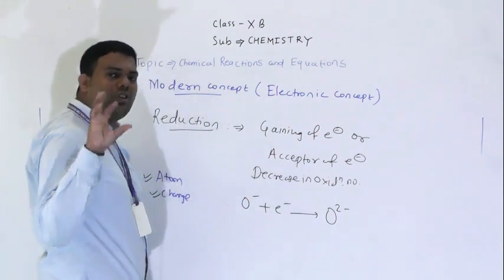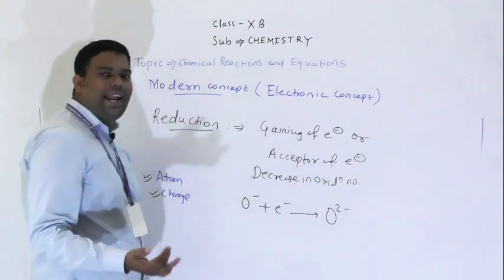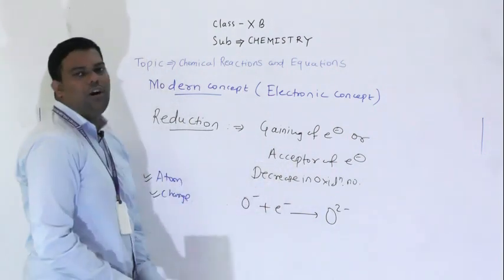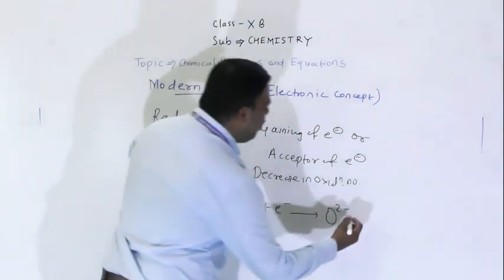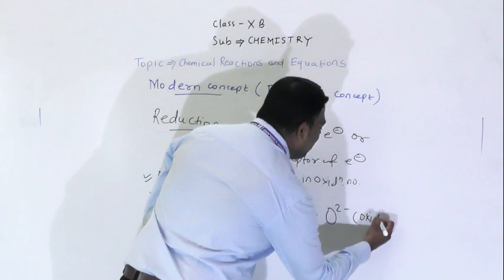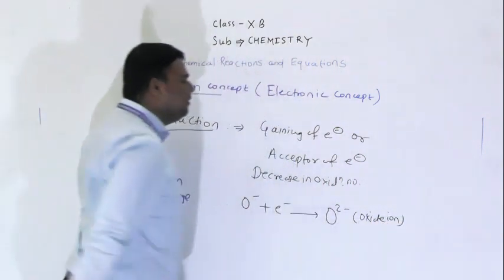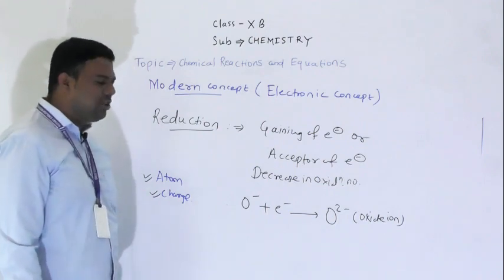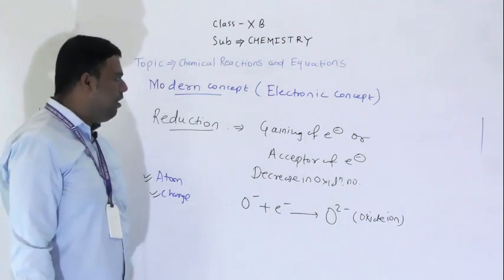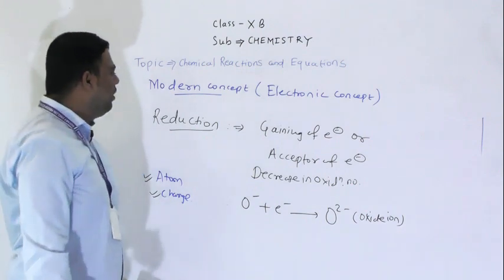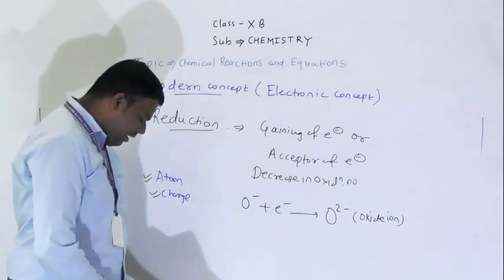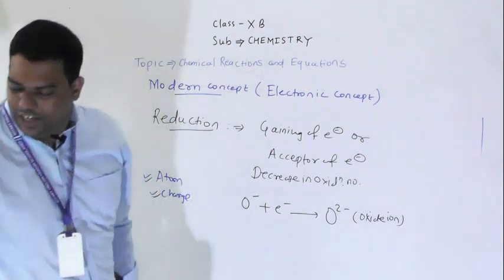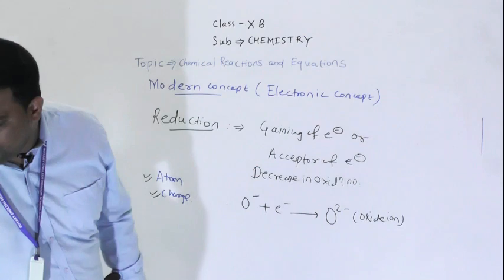Means your O-, it is accepting 1 electron to acquire stability. And what do we call this O2-? We call this O2- an oxide ion. Understood? Oxide ion. So it is simply the modern concept, or we can say the electronic concept, of oxidation and reduction. Okay, now we will see what is an oxidizing agent and reducing agent.